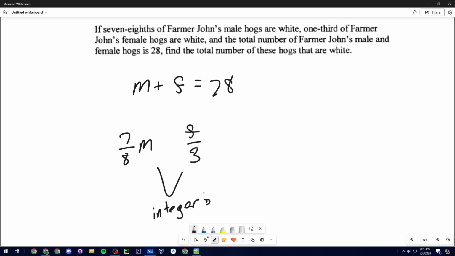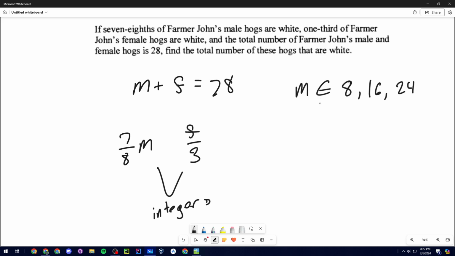For example, M can either be in the set of 8, 16, 24, and that's it, because way more than that would screw you over, right? And why is that true?